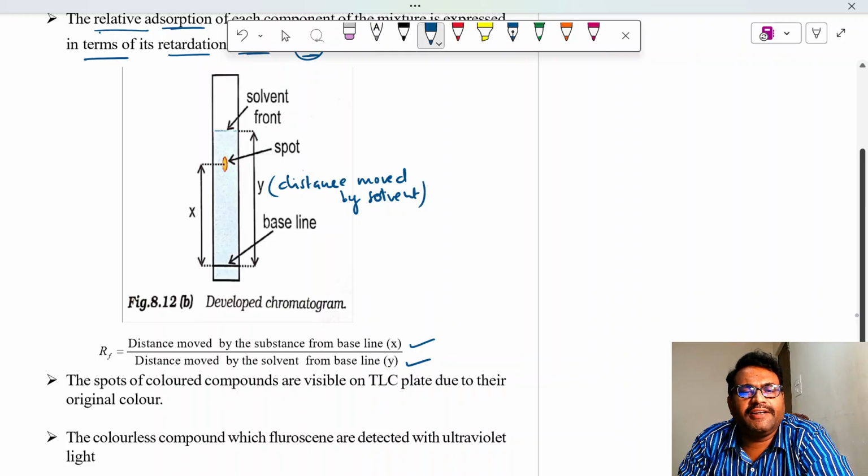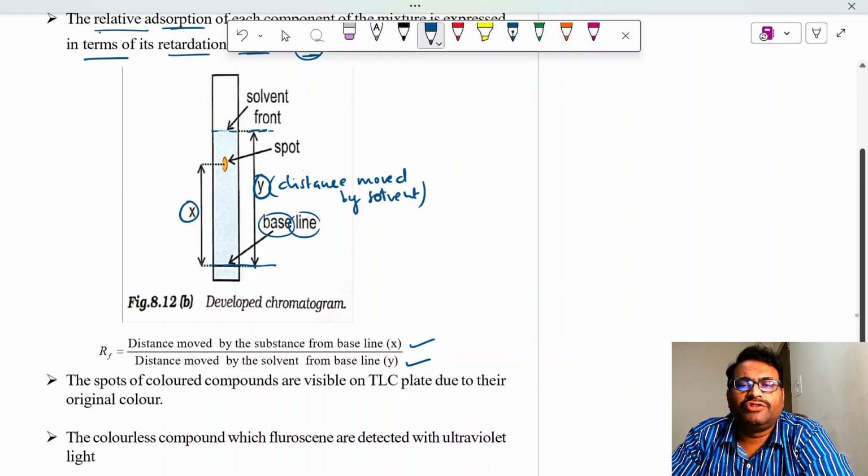What is the baseline? It is already represented here. This is the baseline, so from here to here is the distance moved. And what is X? X is the distance moved by the substance from the baseline.